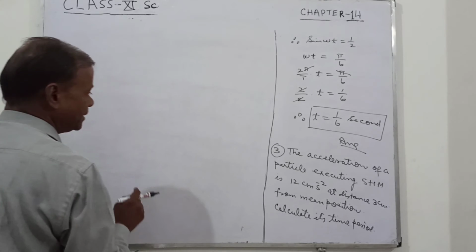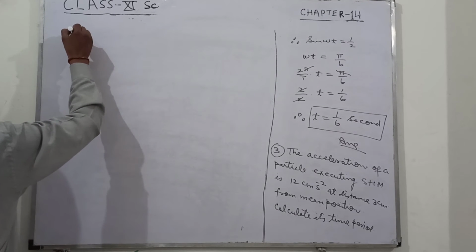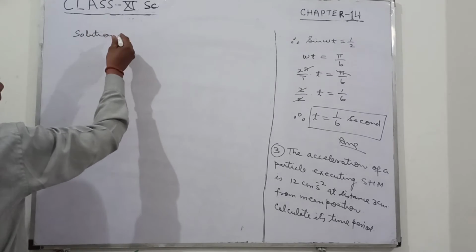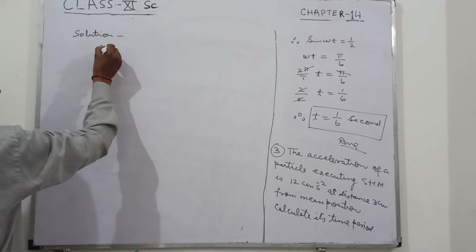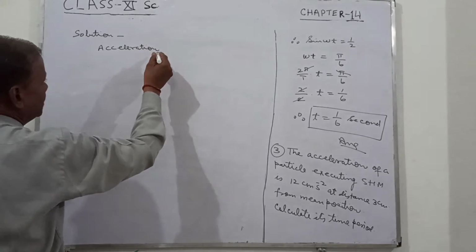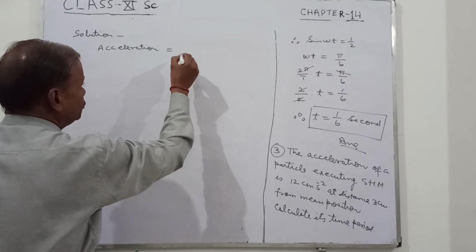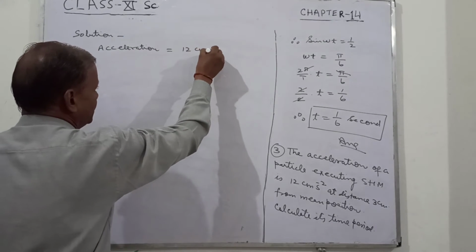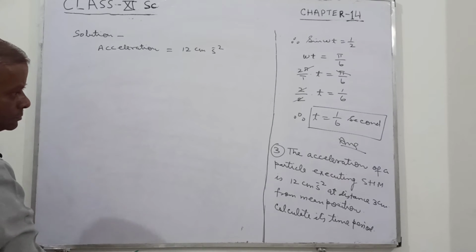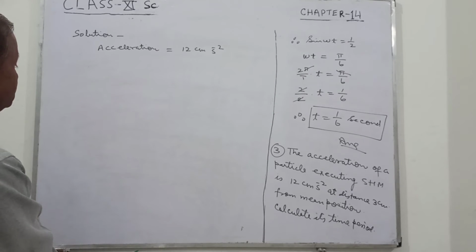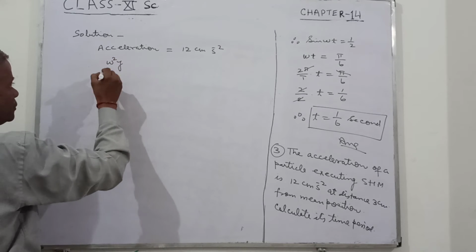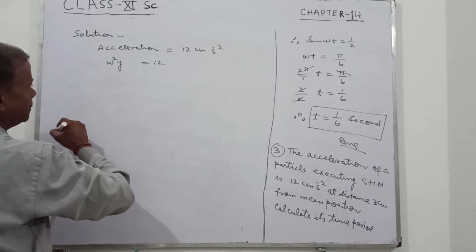Here it is given that acceleration equals 12 centimeter per second square, and we know that this acceleration is equal to omega square y, which is 12.